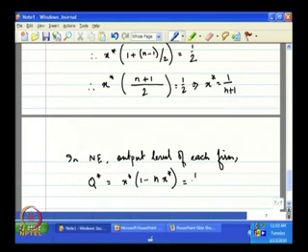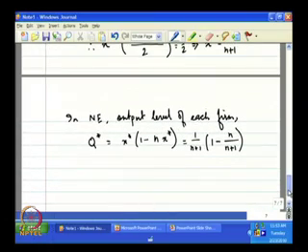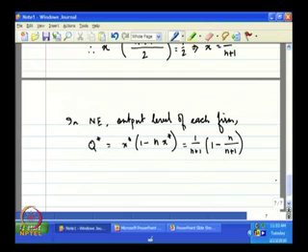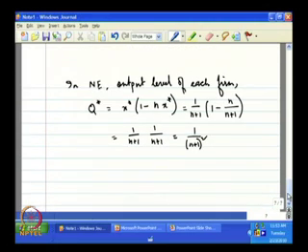And so, this is 1 divided by n plus 1, 1 divided by n plus 1. So, this is the output level in the Nash equilibrium which each firm will be producing. This is the Nash equilibrium.